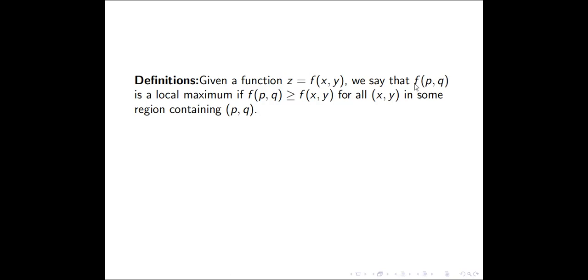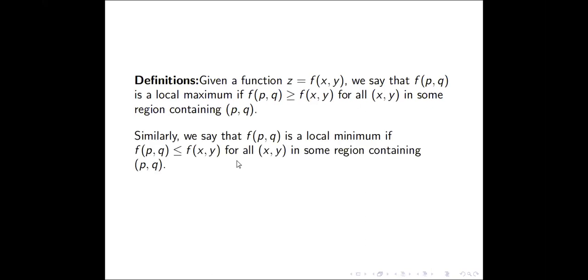If the function value of f at p, q is always greater than or equal to the function value of all the ordered pairs or all the points in some region containing this point here, which I will illustrate later with a figure. Now let's define also the local minimum by just simply changing this inequality here.